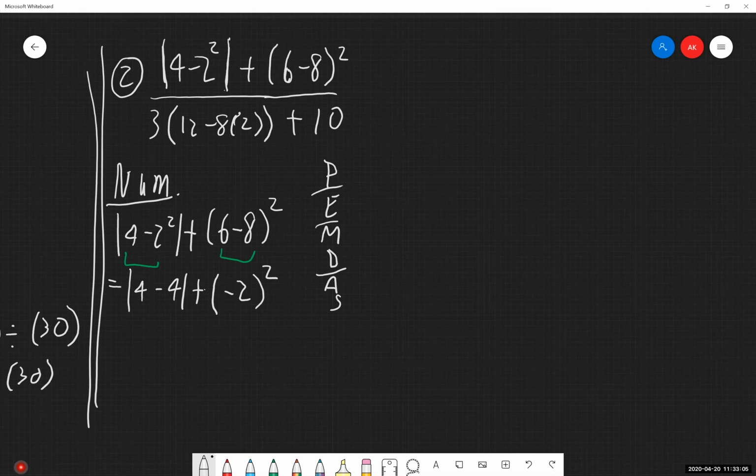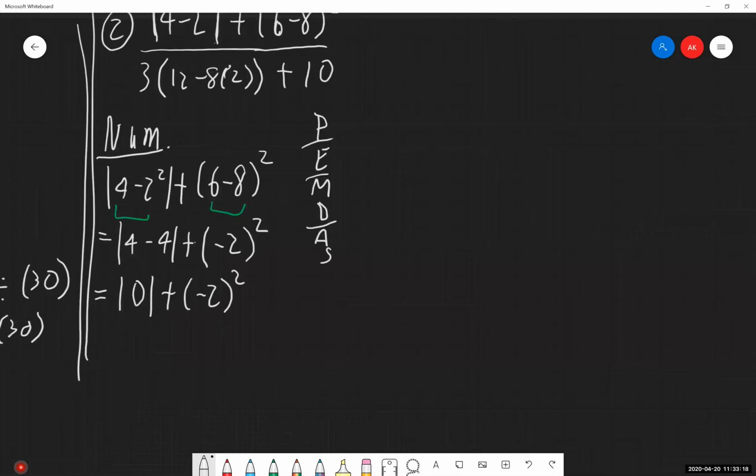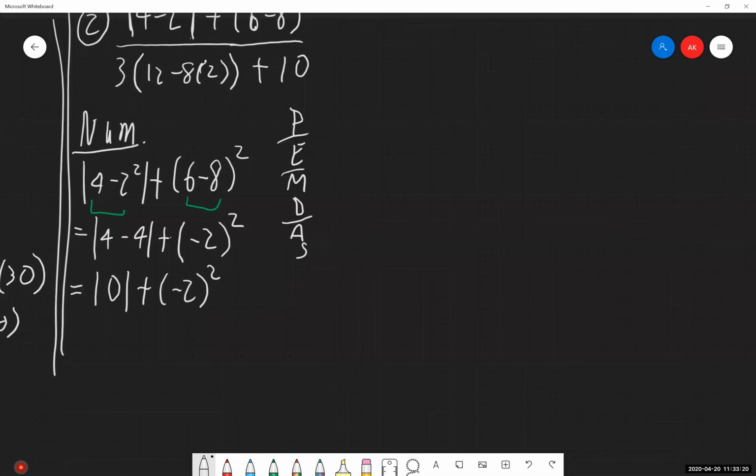Okay, I can still simplify inside the absolute value signs. I have 4 minus 4. That's going to give me 0. And now from here, the absolute value of 0, how far away from 0 is 0? Well, it's got no distance, so there's nothing there. So we can either write out 0 for ourselves if we want to, or get rid of it entirely.